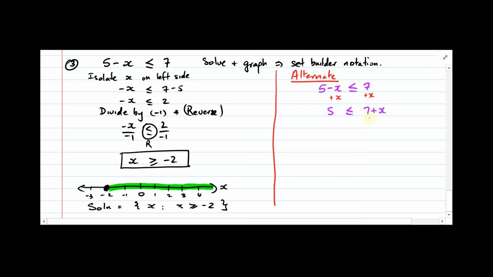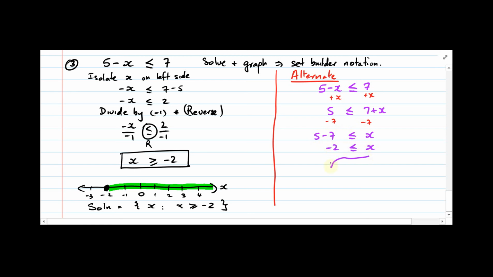Getting rid of the 7, I subtract 7 from both sides. This is what I'm really doing, as if I'm setting it up from an equation, or you could have just done the transposition. So I have 5 minus 7 is less than or equal to x, negative 2 less than or equal to x.